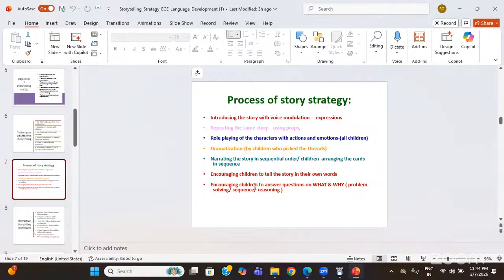Next, encouraging children to answer questions on what and why, problem solving, sequence, reasoning, etc. This last part is very, very important. We said in the objectives that it helps in problem solving, which means that it helps in the life skills of the child, personality development of the child.